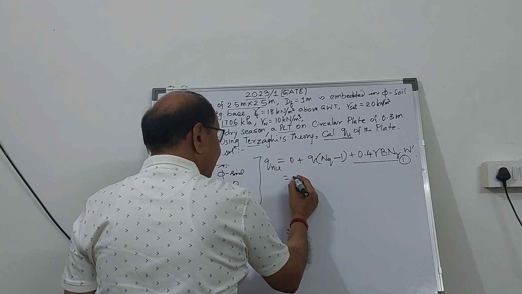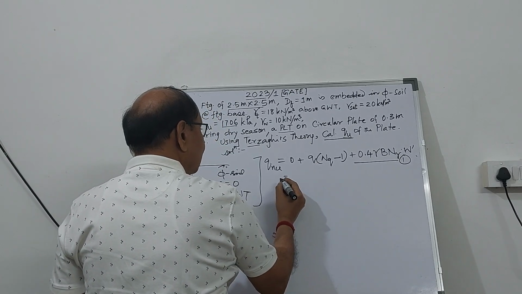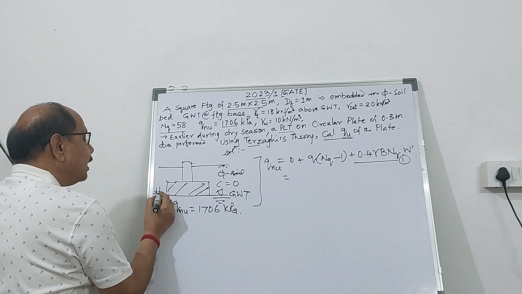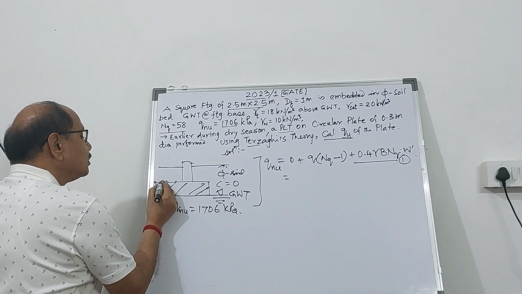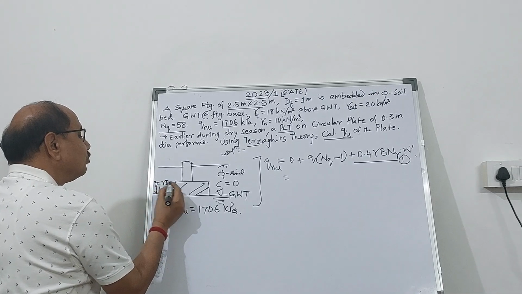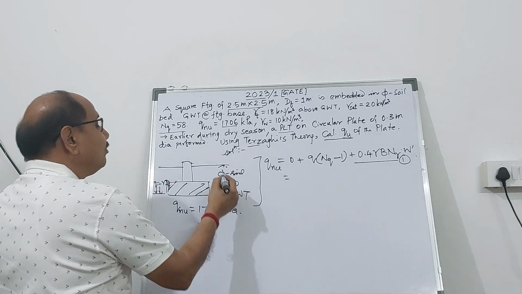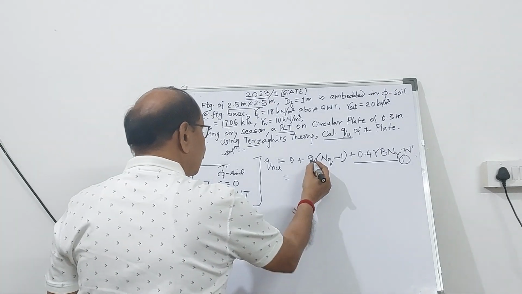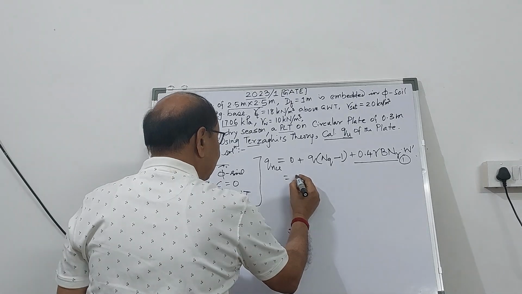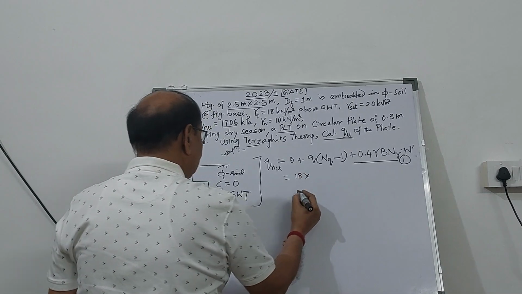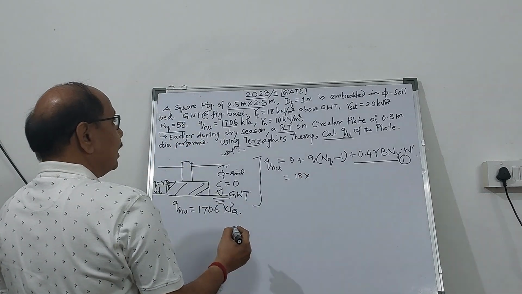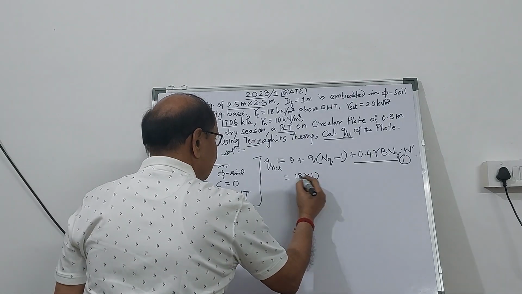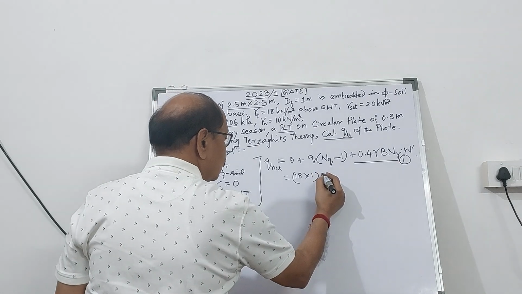Q will be gamma times Df, the surcharge at the base of the footing, and gamma above the base of the footing is given as 18. So Q will be 18 into the depth of the footing, which is given as 1 meter. So this is the value of Q.